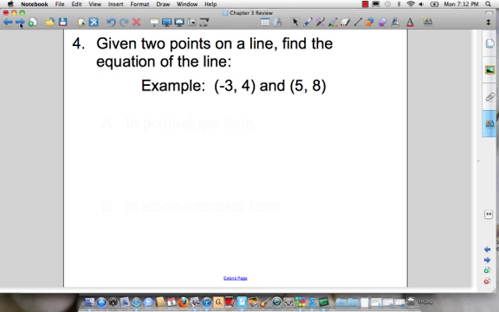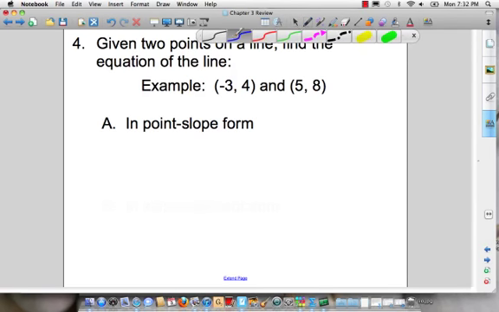You need to be able to find the equation of the line if you're given 2 points on the line, and you need to be able to first write that equation in point-slope form. So I'll just remind you how that's done. We definitely need the slope, so I'm going to go ahead and find the slope by plugging into the slope formula, which has me subtract the y values in the numerator and then the x values in the denominator.